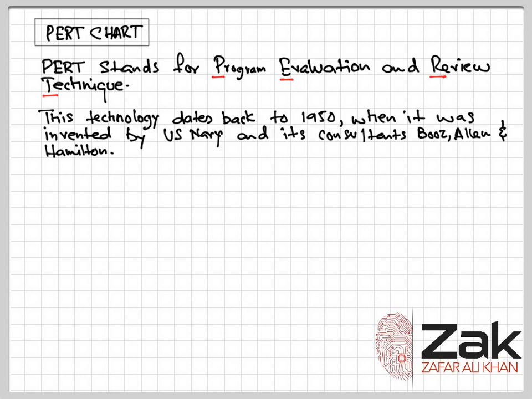It was developed primarily to simplify the planning and scheduling of large and complex projects. It was developed for the US Navy and particularly for the Navy's Polaris nuclear submarine project.